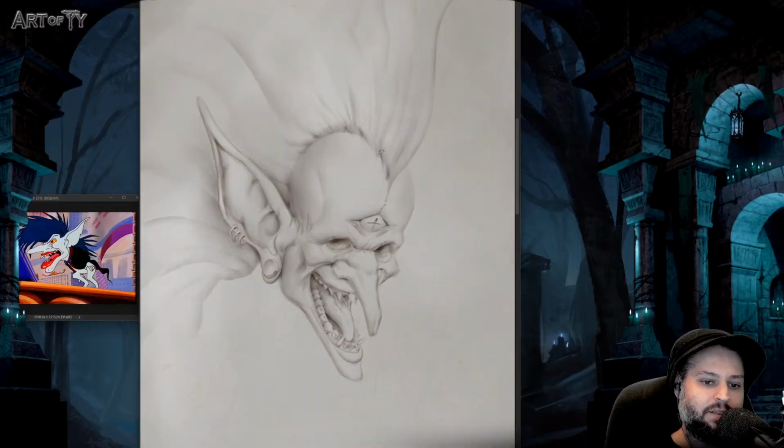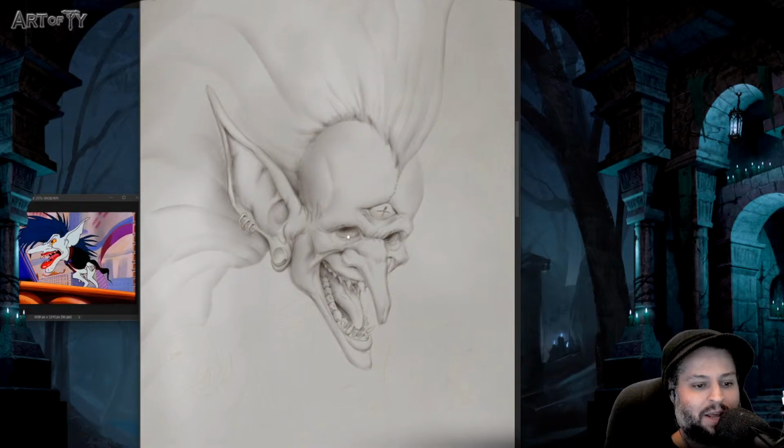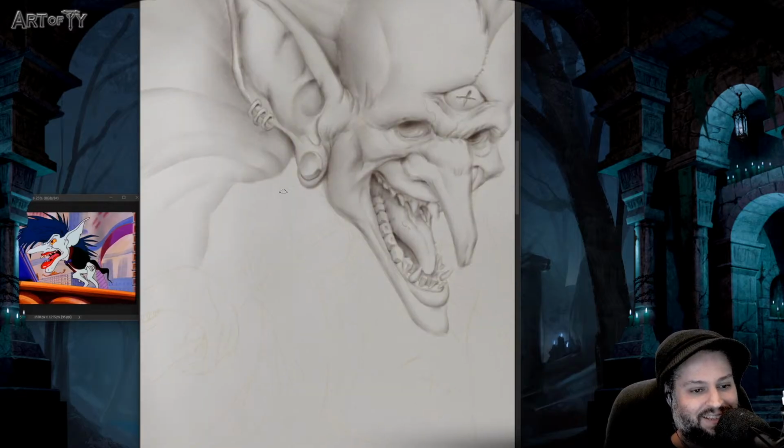This whole idea of these shadow dimples: if you want to see somebody who's an expert at shadow dimples, take a look at H.R. Giger's work. He's a master of the shadow dimples.